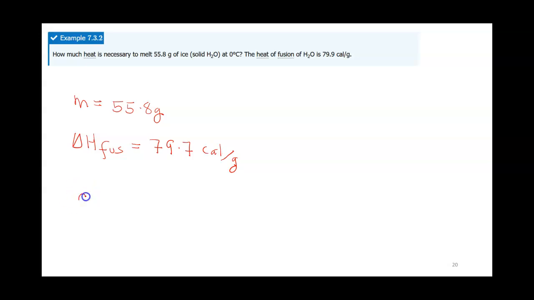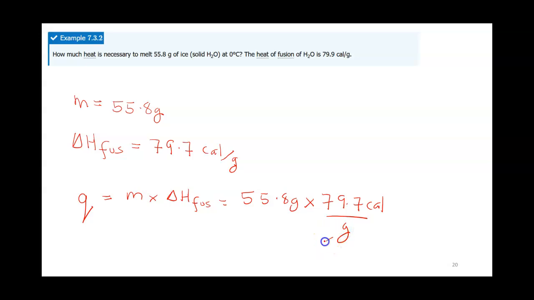So to get the heat is going to be quite simple. We just have to take the mass and multiply it by the heat of fusion. And hopefully you can see by how the units work out that this is going to return us units of calories. There we go, grams cancels out and leaves us with calories.